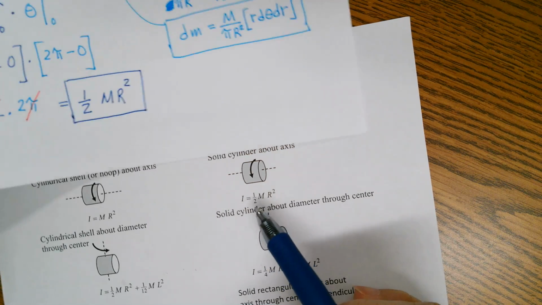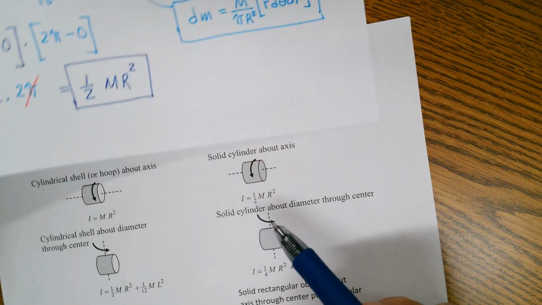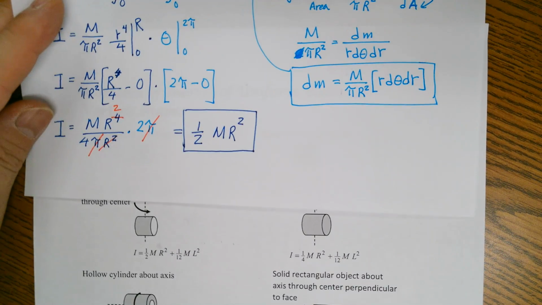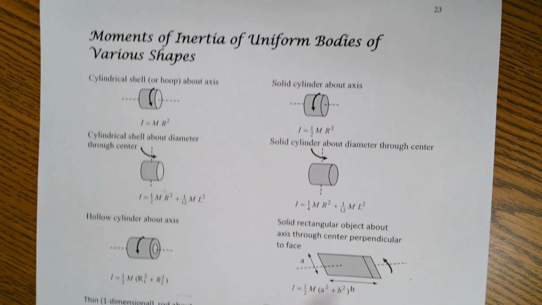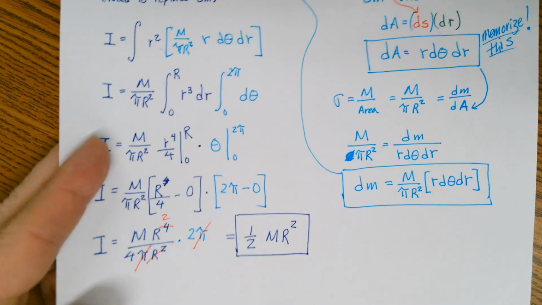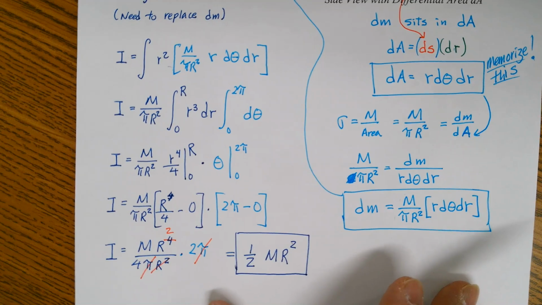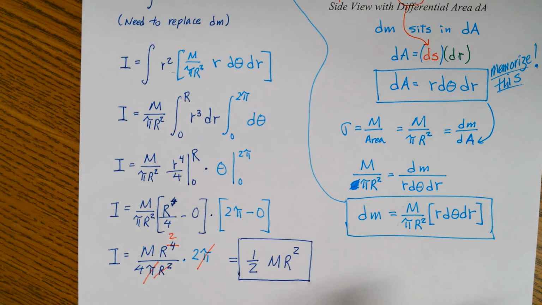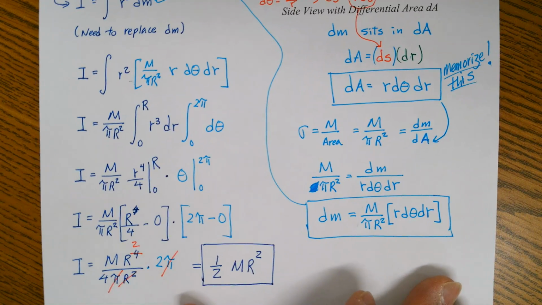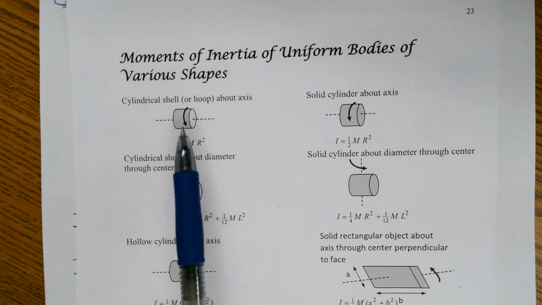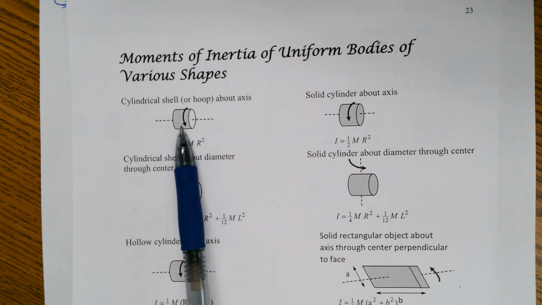For the last page, you don't have to memorize all of these moments of inertia. I'll leave this up here for a while. However, I do recommend that you memorize this.